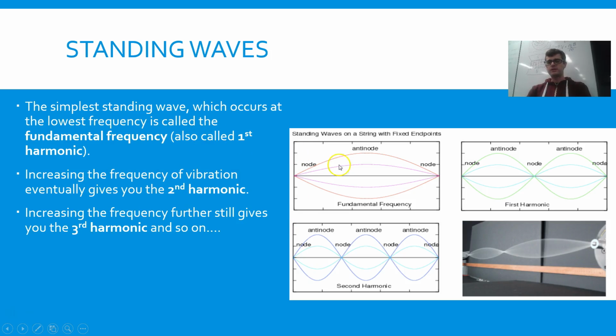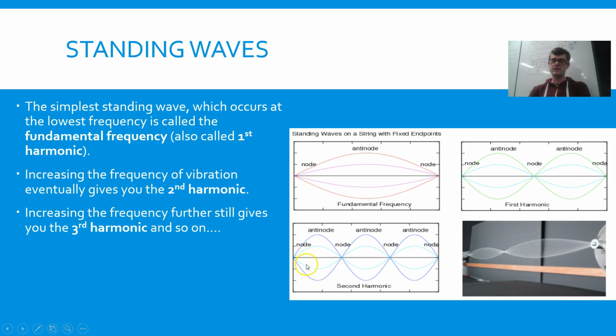Okay, so over here we've got the first three kinds of standing wave you could have on a string or a rope. The first one is very simple, it just goes up and down, a bit like a skipping rope, and we call that the fundamental frequency. But then as you increase your vibration, you'll go from having a single antinode like that to having two antinodes like this. We call that kind of standing wave the first harmonic.